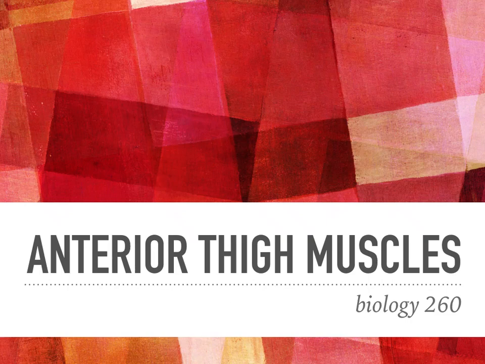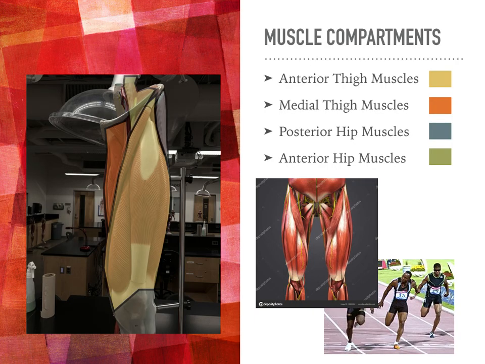In our study of the muscles of the lower limb, there are 9 compartments of muscles to learn. This presentation will cover the muscles of the anterior thigh compartment. So first, let's look at the compartments that are located in this area.